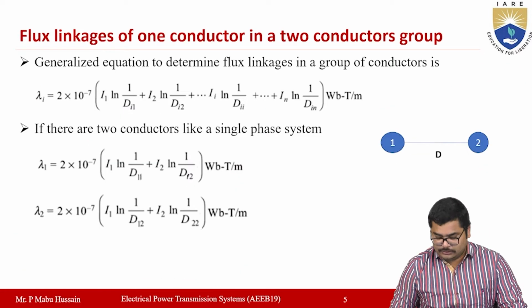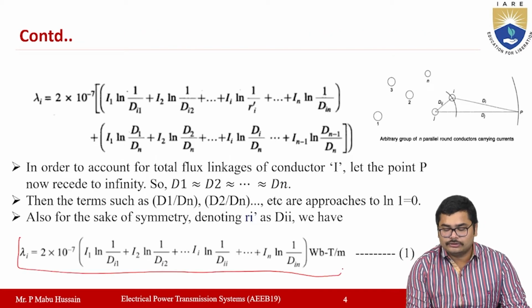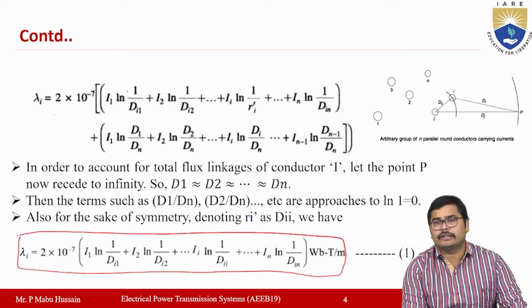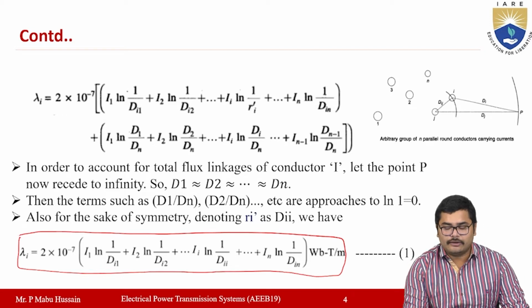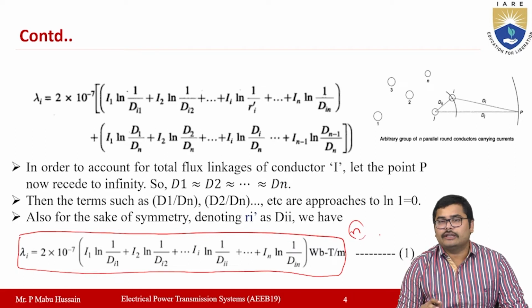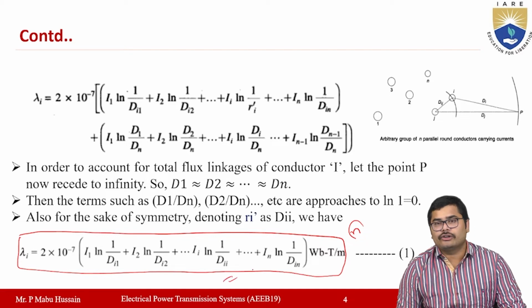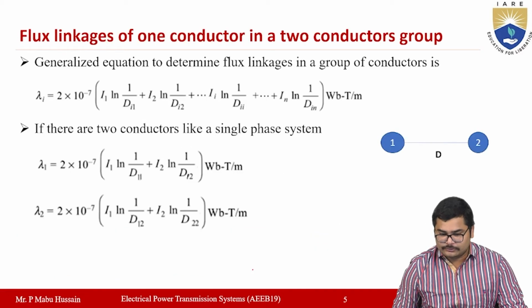Okay, so while deriving this equation, the flux linkage of one conductor in a group of conductors, we considered n number of conductors. Now if that n number is reduced to 2 or 3, let us see how the flux linkages equation looks.